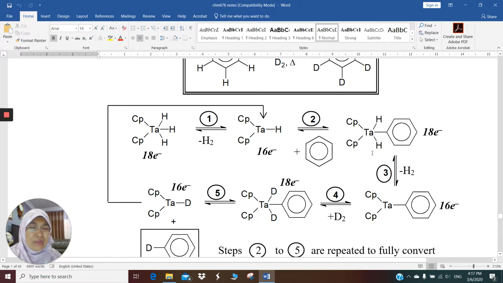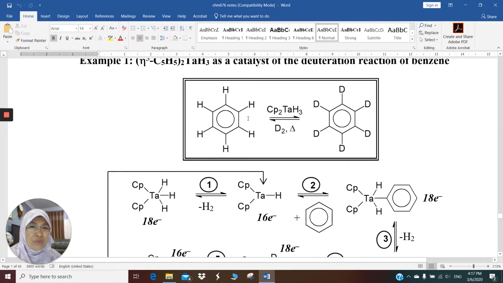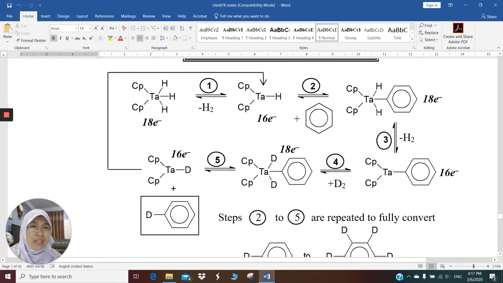Now the hydrogen is not required in this reaction. We want to replace all the hydrogens in benzene with deuterium. So when the 2 hydrogens are not required, they will be eliminated. In the elimination process, you lose 2 of these protons, and you get a hydrogen molecule being kicked out, and you are again left with a 16 electron species through this reductive elimination, RE.